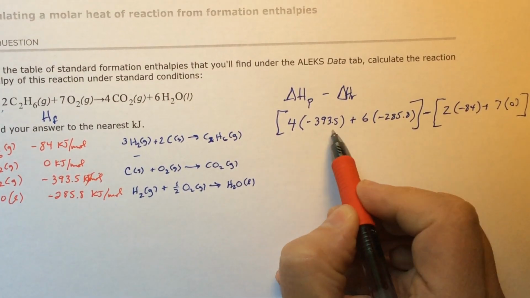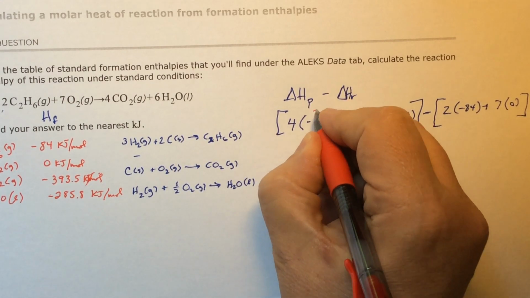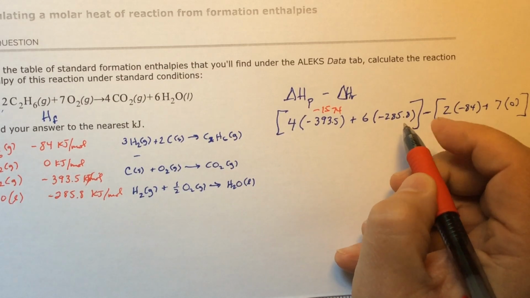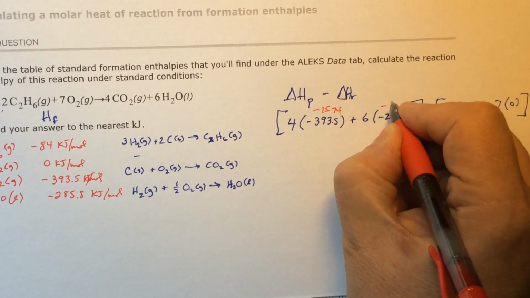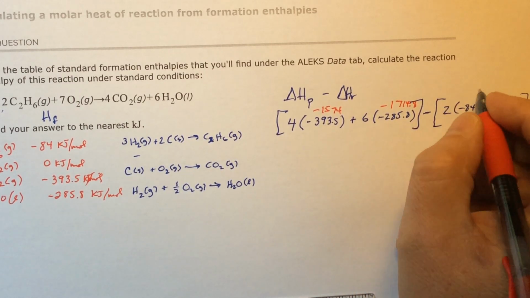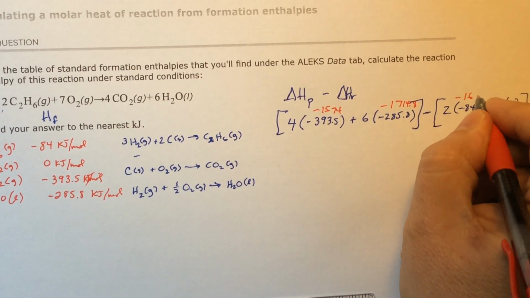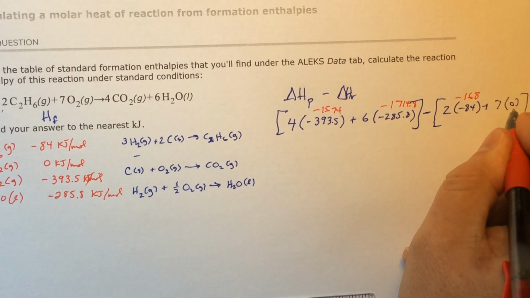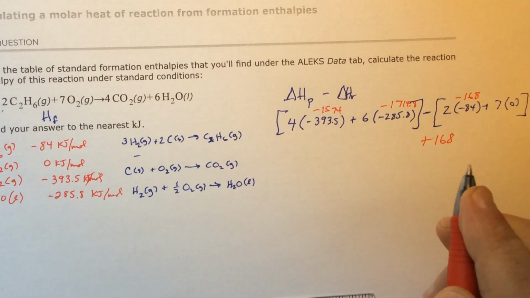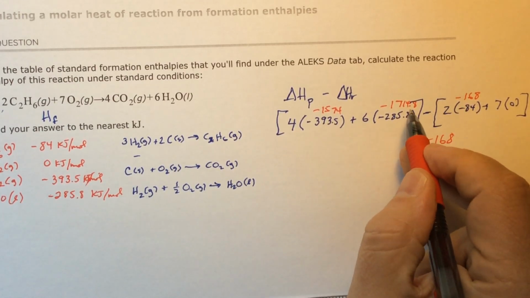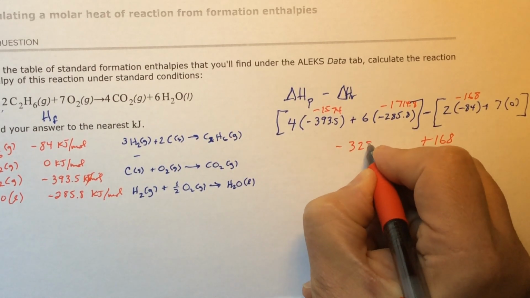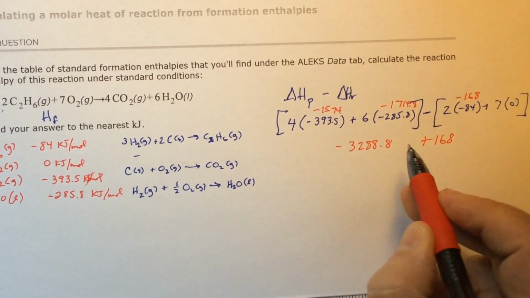Okay. 4 times negative 393.5 is negative 1574. 6 times negative 285.8 is negative 1714.8. Negative times 84 is negative 168. And that's 0. So negative and negative is going to add 168 here. And then 1574 plus 1714 is negative 3288.8.